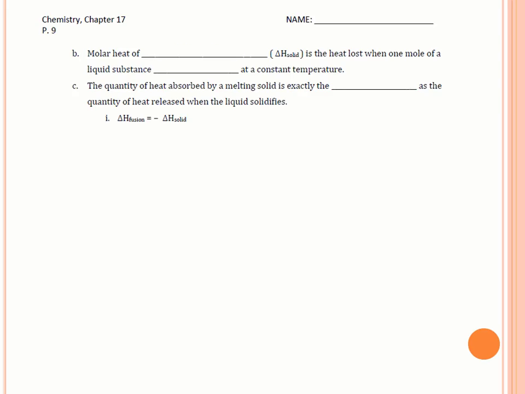All right, page 9. So the molar heat of solidification is the amount of heat that would be lost when 1 mole of a liquid substance solidifies at a constant temperature. The heat of fusion and the heat of solidification are exactly the same thing.